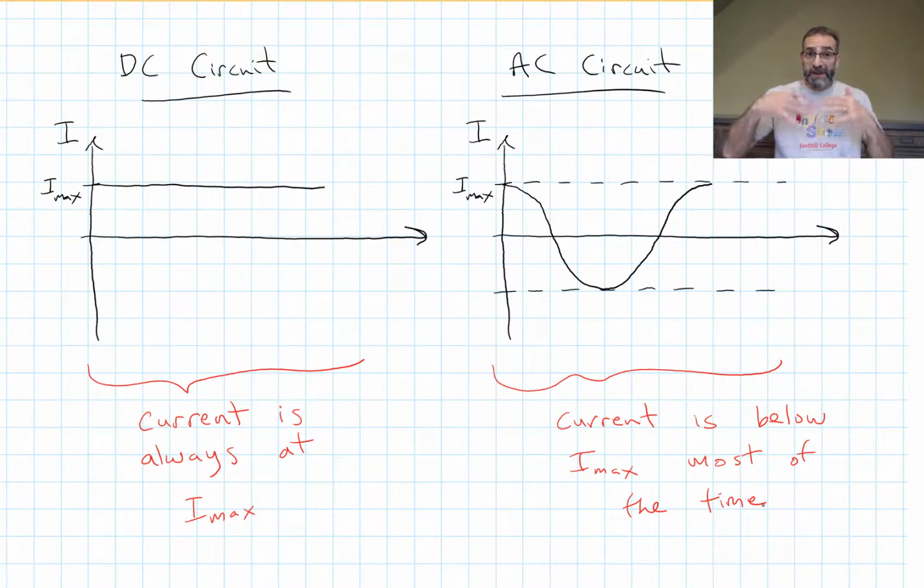What we do is we square the value first. So if this is current versus time, we square the current. That ensures that everything is positive. Then we average it. Then we take the square root. This is called the root mean square value.